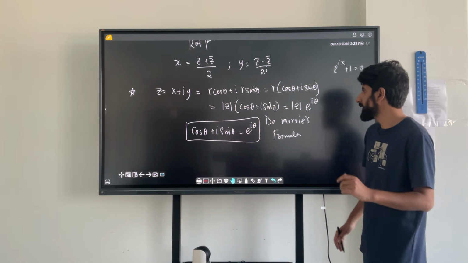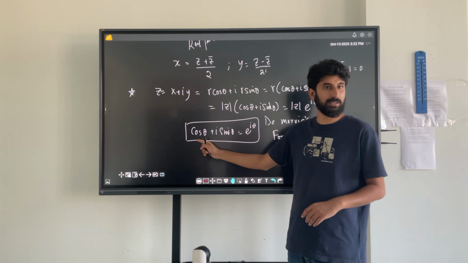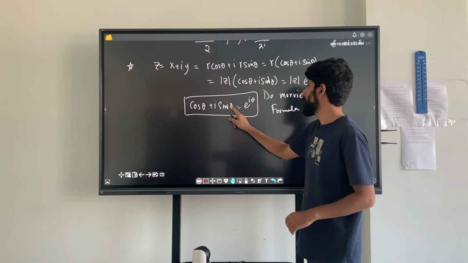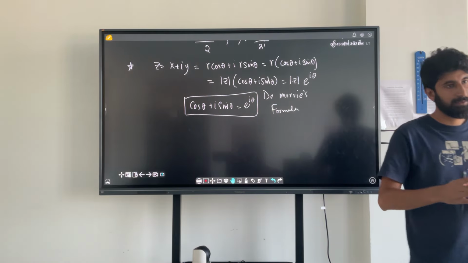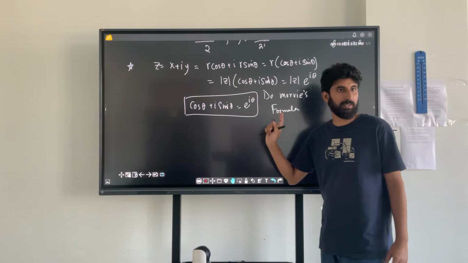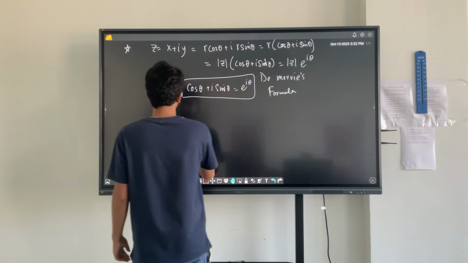Okay, it's fine. So one way of doing it is to write a Taylor series for cos theta, and a Taylor series for sin theta. If I add them, I'll get a Taylor series for e power i theta. Do you remember the Taylor series? So what is cos theta by Taylor series?